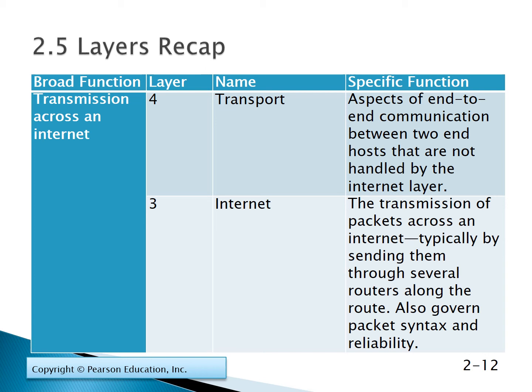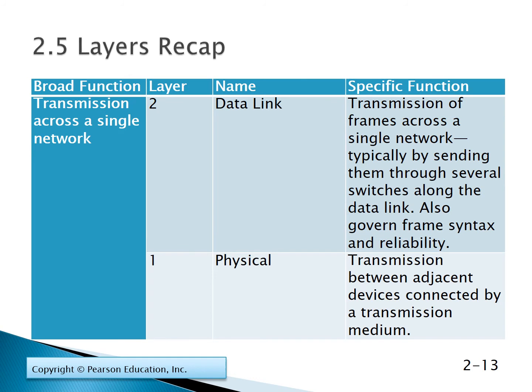Which route should be taken, which router should I forward the message to such that it can arrive at the recipient successfully. It also covers packet syntax and a little bit of reliability, but not too much. Most of the reliability is handled at layer 4.